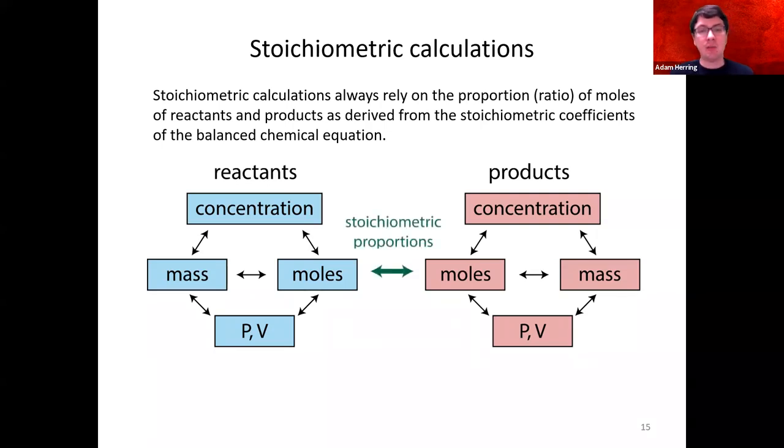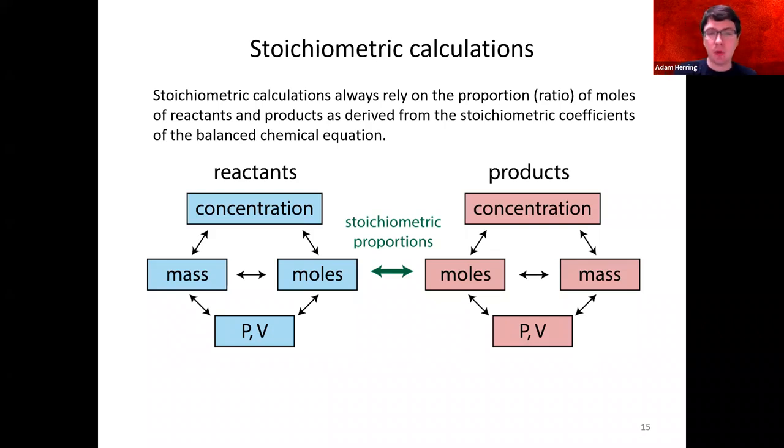The bridge in between the reactants and the products is the stoichiometric proportions, or the coefficients of a balanced chemical equation. And by understanding how to use those coefficients, we can relate the amount of moles of reactants to the amount of moles of products.